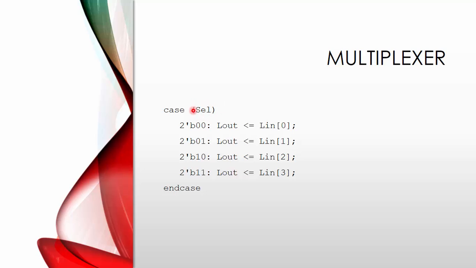So let's say in this case we have a 2-bit selector, which means it is 4 to 1 multiplexer. We list all the possible combination of the selector in the case block, and then we assign the value of the individual input to the output in each of the cases.